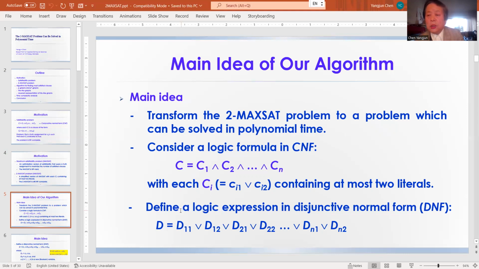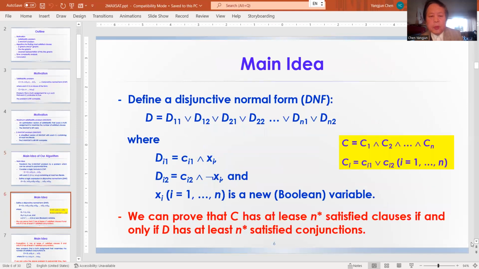Then we define another logic formula, but in the disjunctive normal form like this. Each di1 is equal to ci1 and xi, and each di2 is equal to ci2 and minus xi. Here, xi is a newly introduced variable.